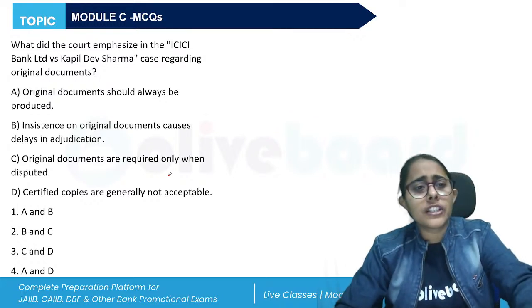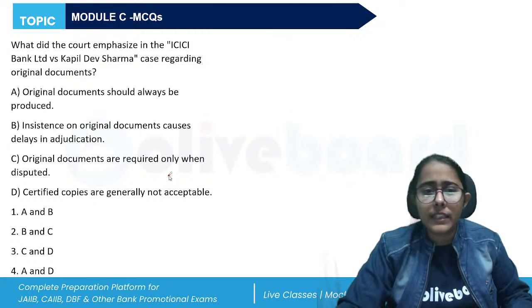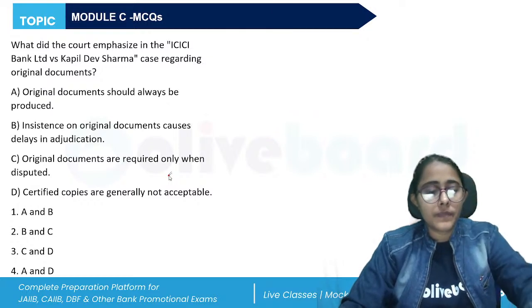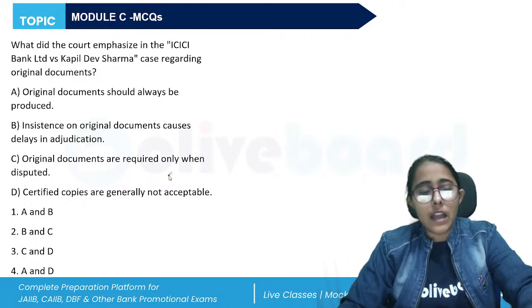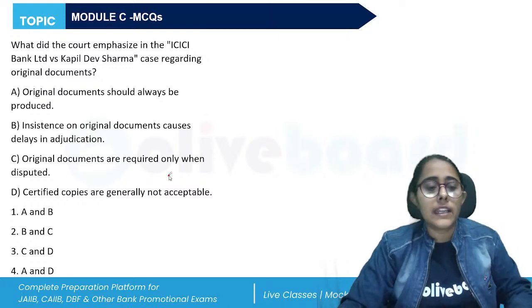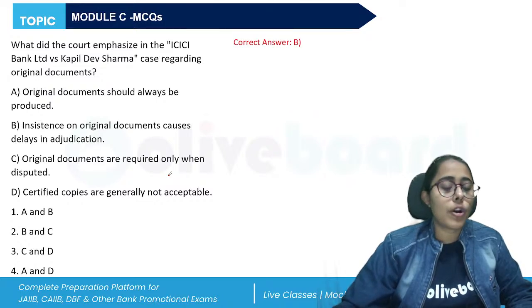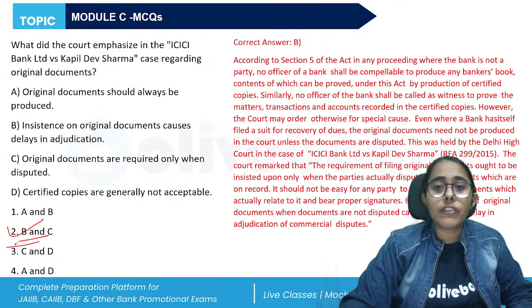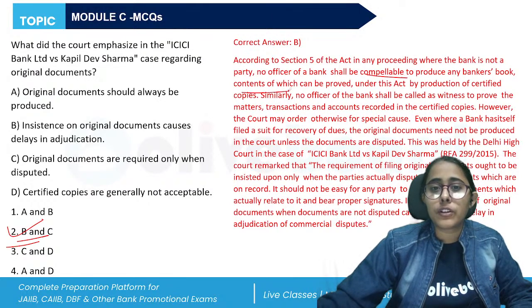So, what were the decisions taken by the court in this particular case regarding the certificates or the documents? The correct answer will be B and C. Yes, option second, that is B and C. According to section 5 of the act, in any proceeding where the bank is not a party, no officer of the bank shall be compelled to produce any banker's book whose contents can be proved.